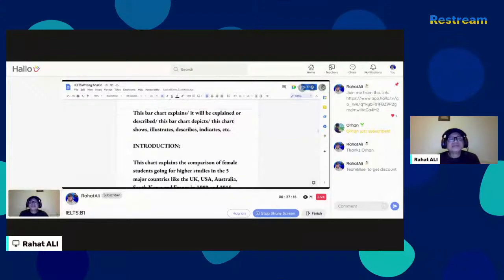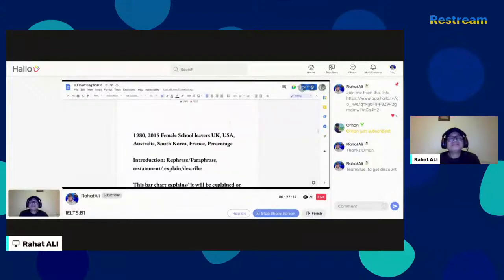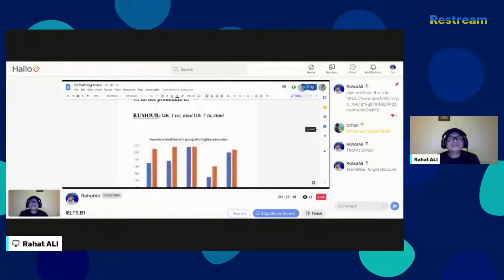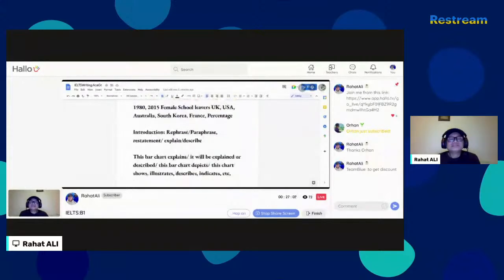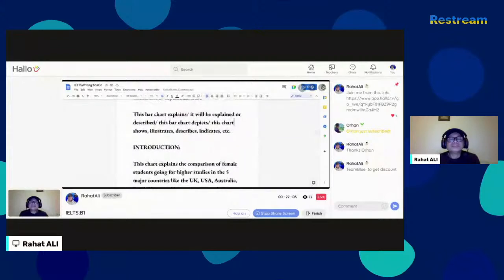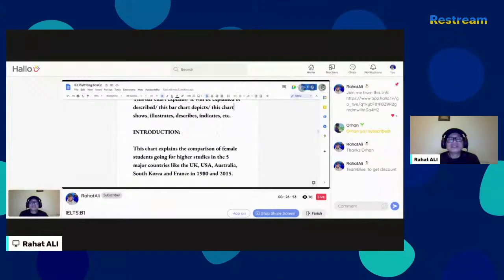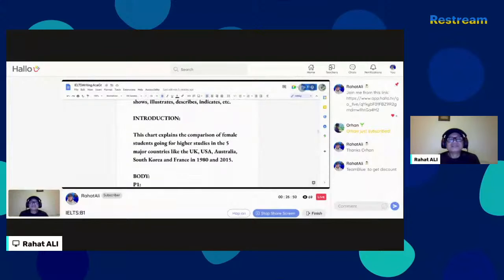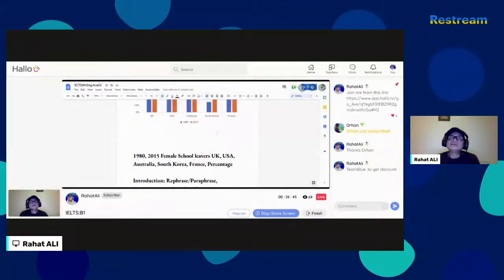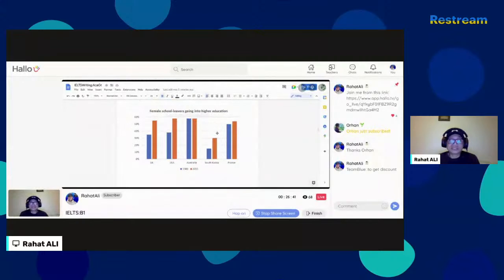This chart explains the comparison of female school leavers or female students going for higher studies in the 5 major countries like the UK, USA, Australia, South Korea, and France in 1980 and 2015. So we have to write an overview. If you remember, overview is the trend, what the chart is trying to say.